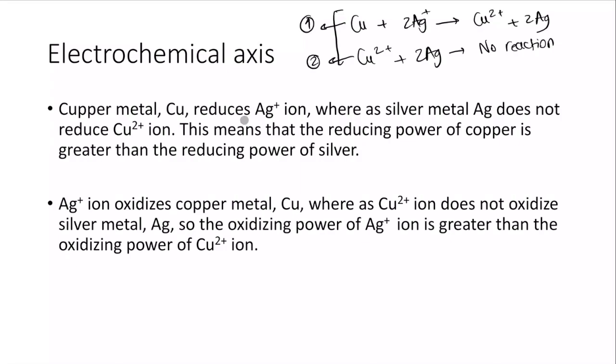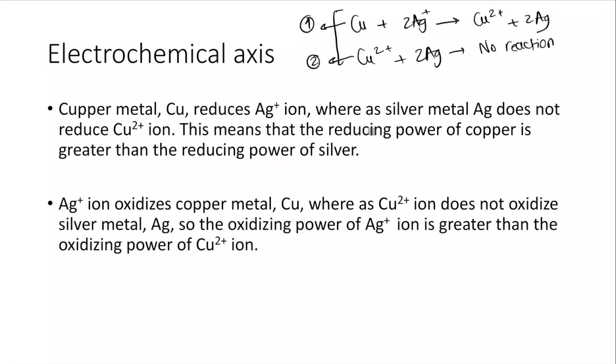So we say that Cu reduces Ag+, whereas silver metal Ag does not reduce Cu2+. Ag wasn't able to oblige Cu2+ to undergo reduction, and that's because we don't have a reaction. But Cu was obliging Ag+ to undergo reduction. So Cu was able to reduce Ag+, whereas Ag wasn't able to reduce Cu2+.